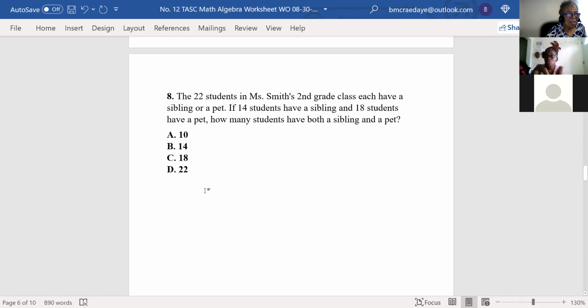There are 22 students in all. Okay, 22 total students, right? And you have 14 students. So what does that 14 have? If 14 students have a sibling, and 18 students have a pet, so you have to add them all, right?